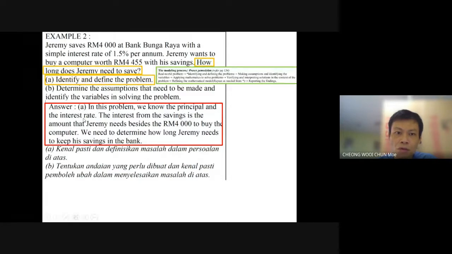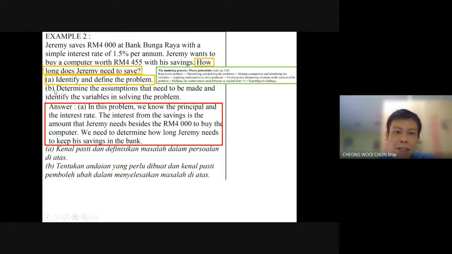To define the problem, that means how much Jeremy needs to save for 455 ringgit, so you can write down 4,455 minus 4,000, and you get 455 ringgit.